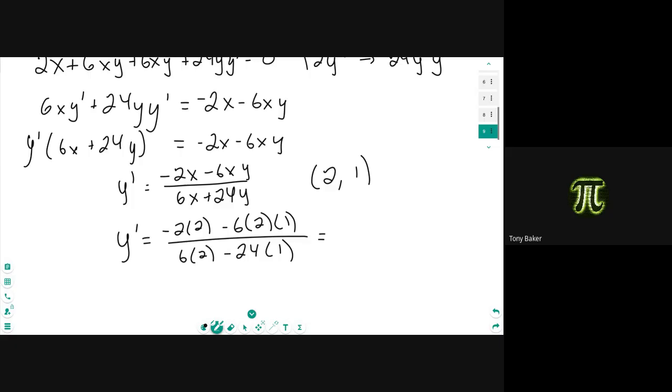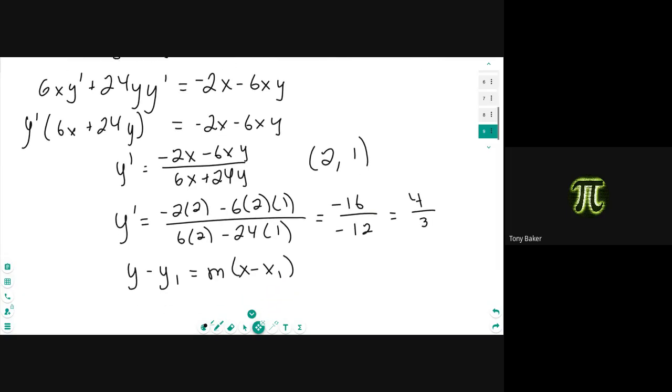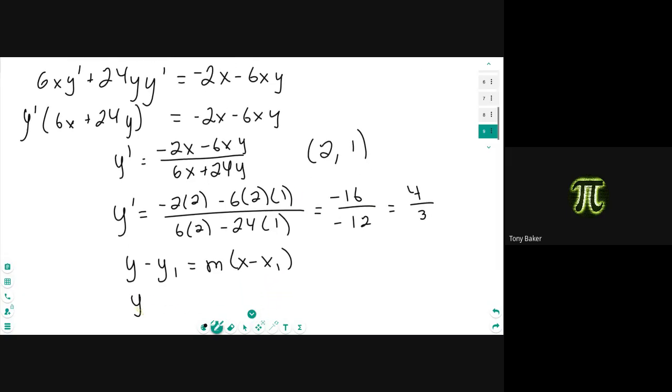Negative 4 minus 12. 12 minus 24. And you can use the point slope form as your equation.